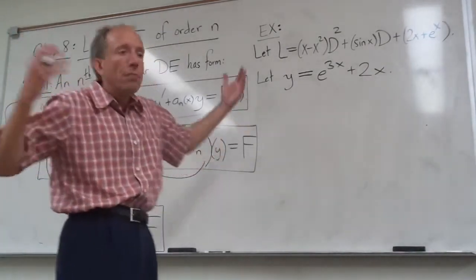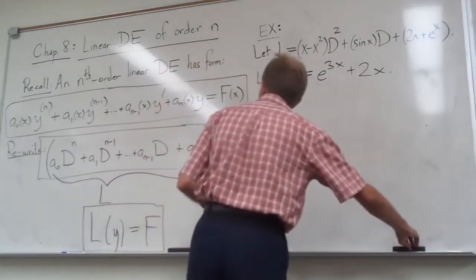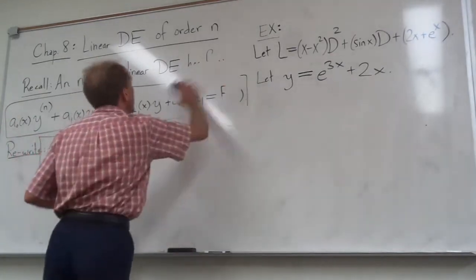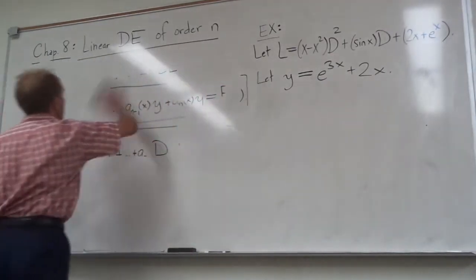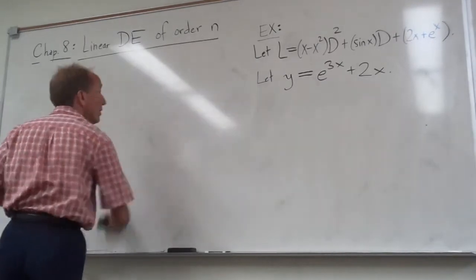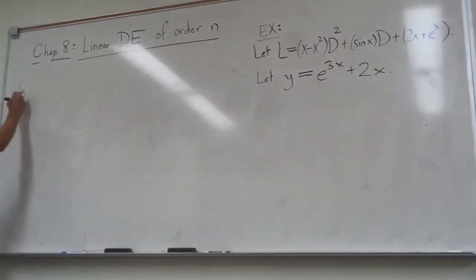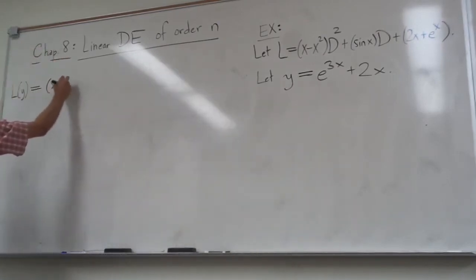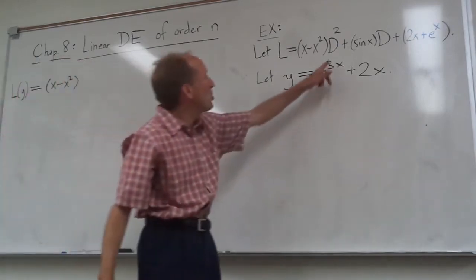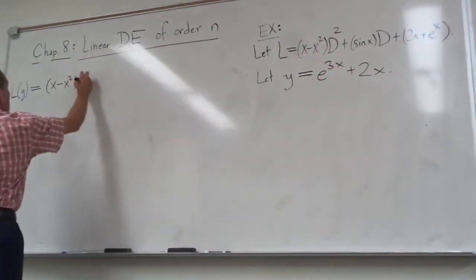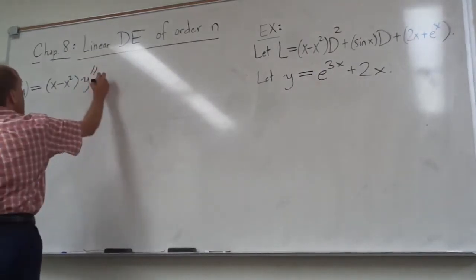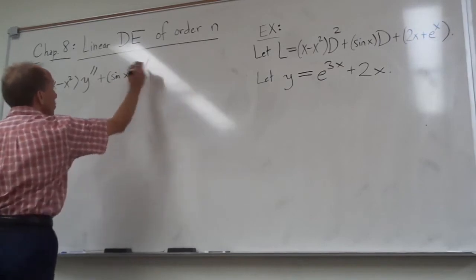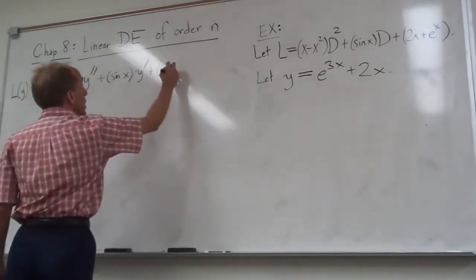So what is L of y? I just want to practice this. So let's compute L of y. Remember, you can rewind anything that I'm erasing too quickly here and review it again. Well, that's going to be x minus x squared times 2 derivatives of y, that would be y double prime, plus the sine of x times 1 derivative of y, and then plus 2x plus e to the x.